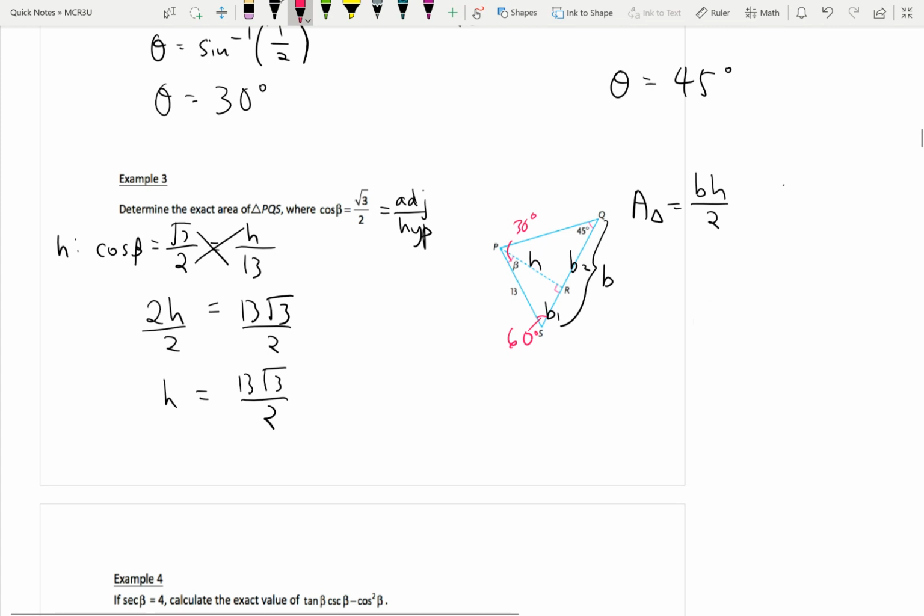And if this angle R is a right angle, that means so is its opposite side, because it shares the same supplementary angle. And that angle QPR, if one angle is 45 and one angle is 90 degrees, that means the other has to be 45 degrees.